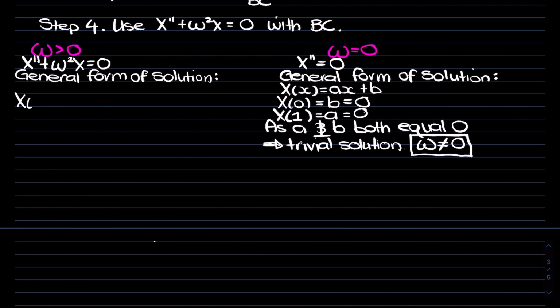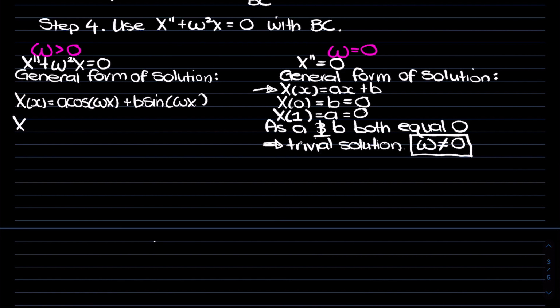Big X of little x equals a cosine lambda x plus b sine lambda x, where a and b are just some constants. They're not the same constants as over here. They're just different constants. I'm just reusing a and b just out of habit. I do that all the time. So just keep that in note for if you're watching any of my other videos.